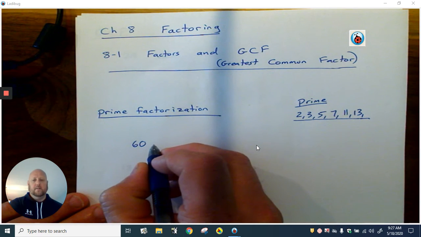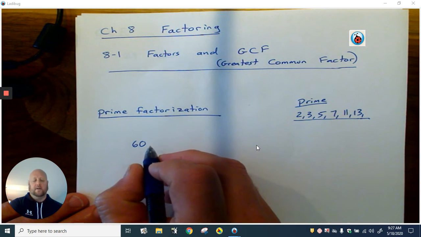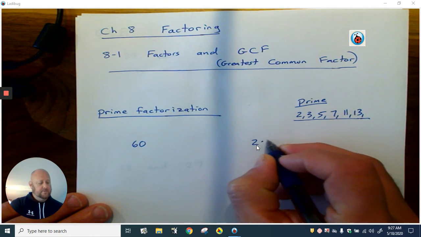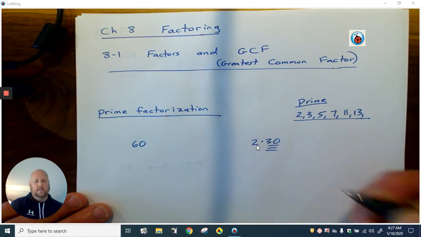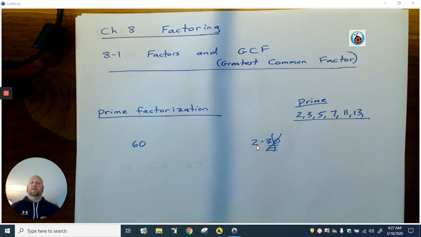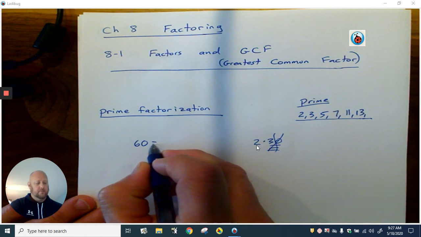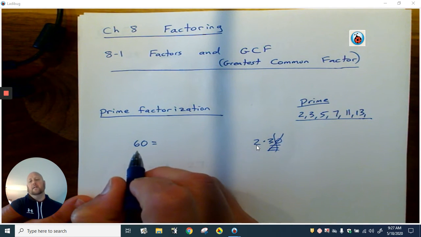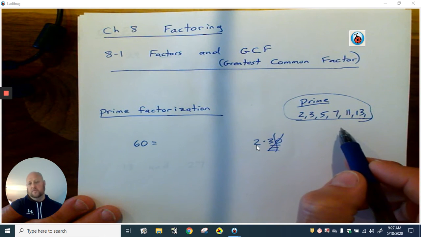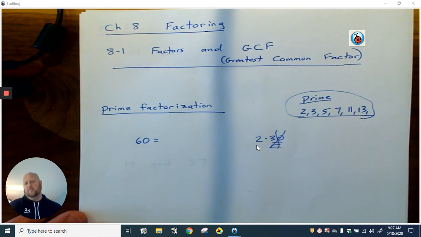But that's not going to be prime factorization because with 2 times 30, 30 is not a prime number. So we're not done yet. So that's the goal. We have to come up with what numbers multiply together to get 60, and they're only prime numbers, okay?